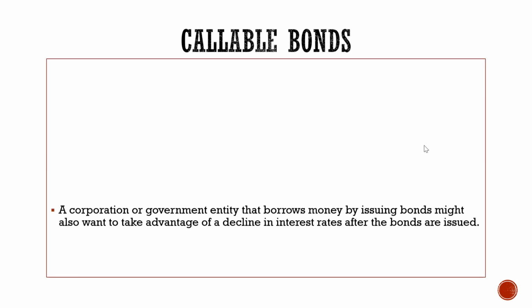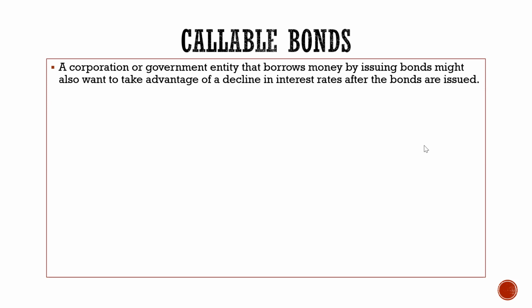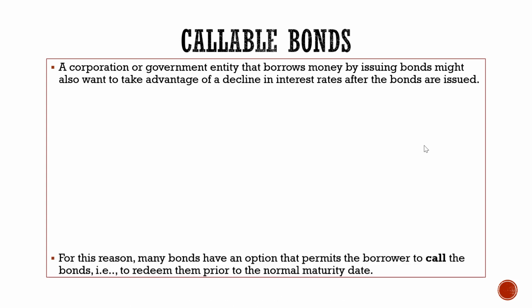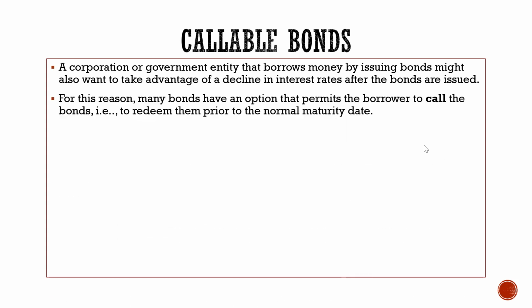Callable bonds. A corporation or government entity that borrows money by issuing bonds might also want to take advantage of a decline in interest rates after the bonds are issued. For this reason, many bonds have an option that permits the borrower to call the bonds, to redeem them prior to the normal maturity date.